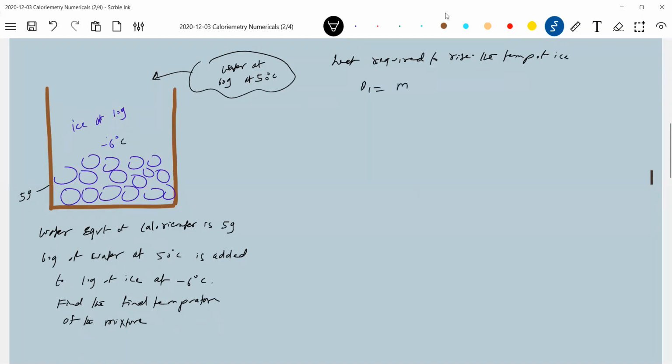So Q1 is equal to mass of ice into specific heat of ice into 0 minus minus 6. So mass of ice will be 10, specific heat 1 by 2, this is 6, so this will be 30 calories.